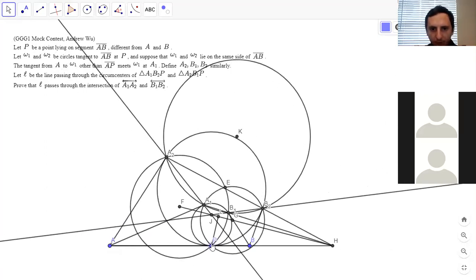Interesting, there's a lot going on here. But I feel like there has to be a way to show FA2 is tangent to this.